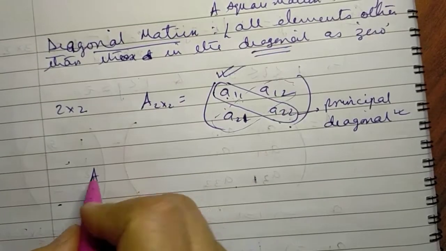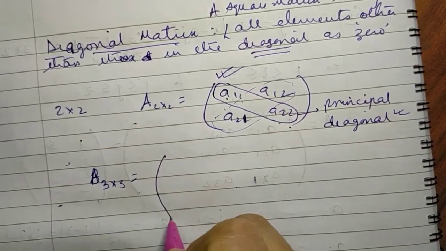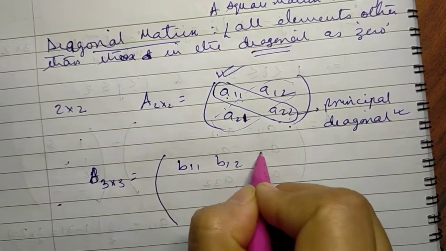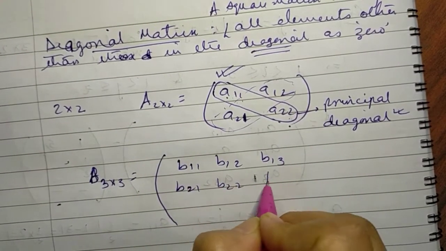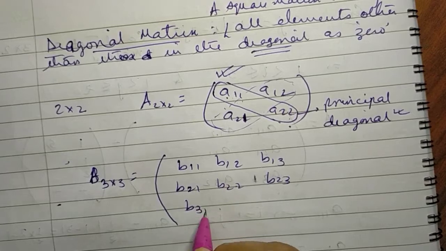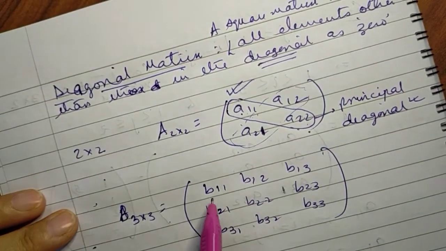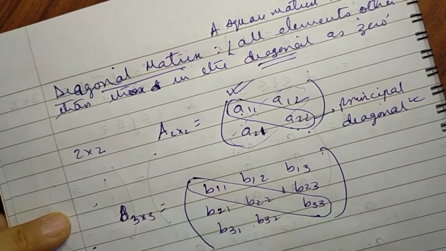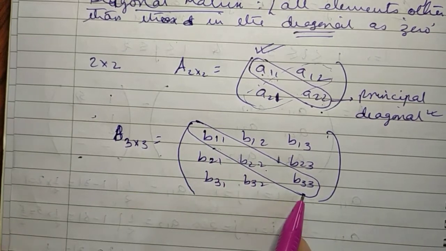Similarly, if I have, let's say, b 3 cross 3, it's a square matrix of order 3. So I'll have b11, b12, b13 in the first row, b21, b22, b23, then b31, b32, b33. The principal diagonal has the subscript which is repeated, that is 11, 22, 33.